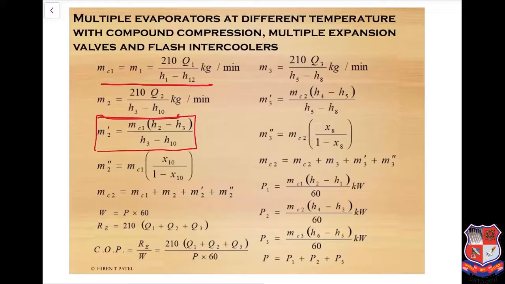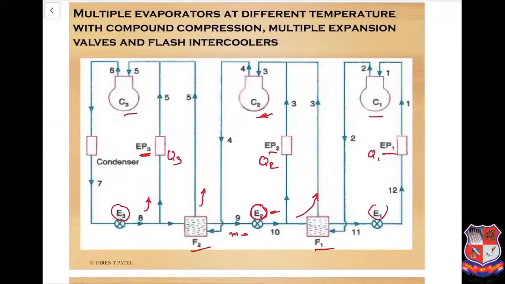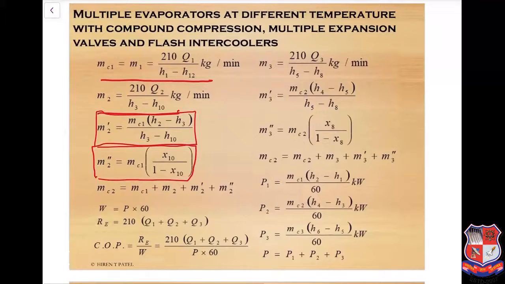M2 double dash is the mass circulated through the first compressor that is also expanded in the second expansion valve, and during the expansion it also generates vapor. That vapor is calculated as M2 double dash, and it has some dryness fraction.